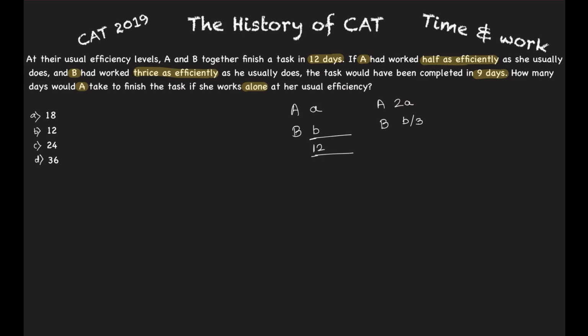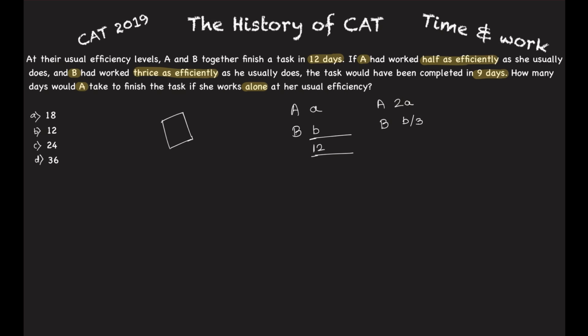A worked half as efficiently, so earlier he was taking 1 day, now he's taking 2 days because his efficiency is reduced. B's efficiency is thrice, so if he was taking 30 days, now he'll take 10 days. Say the work is putting up bricks in a wall.